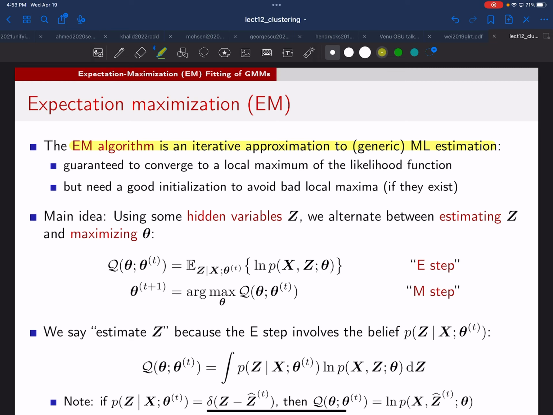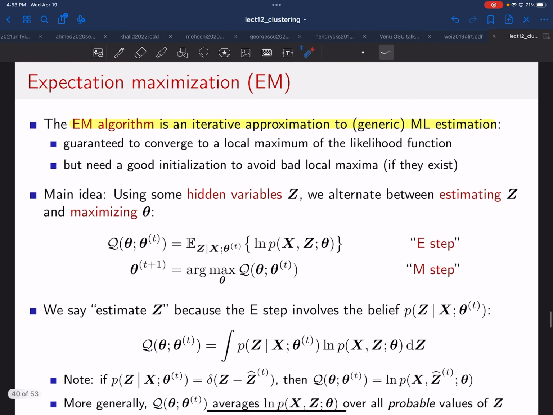Technically, it's guaranteed to converge to a local maximum of the likelihood, which is good, but it can get stuck in a bad local maximum, so you do have to try to give it a good initialization. It's not a cure-all, but it often works pretty well, so it's definitely used quite a bit.